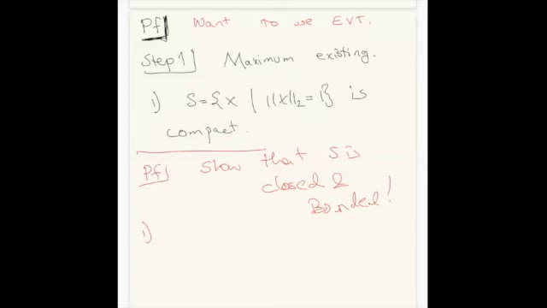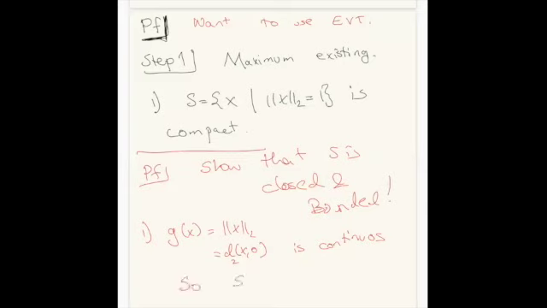Well, for S, if we define the function g of x equals the norm of x in 2-norm, then this is the same thing as the distance of x to 0, the 2-distance. This is continuous. We have shown before that the distance to a point is continuous. Distance to 0 is also continuous.